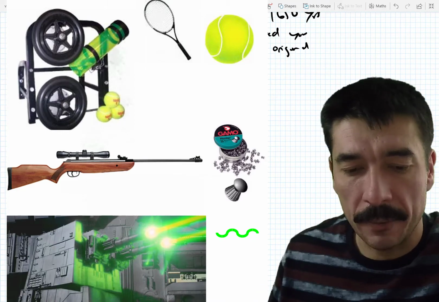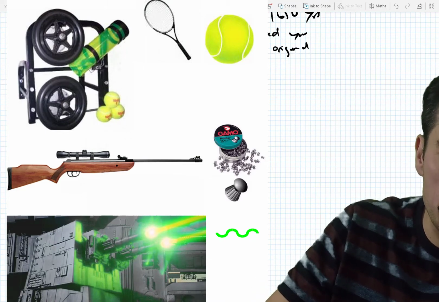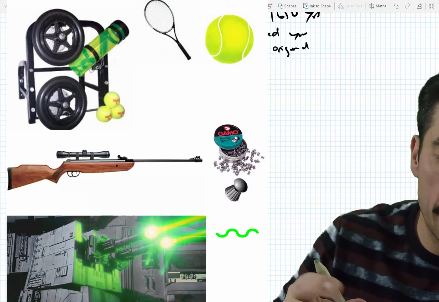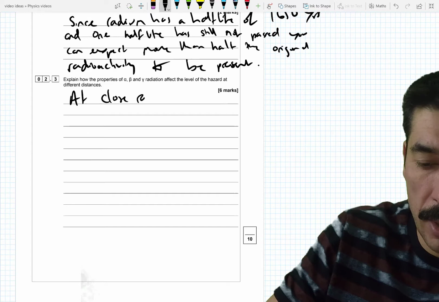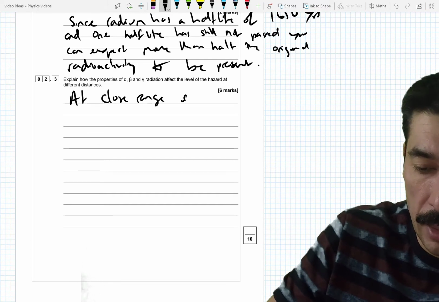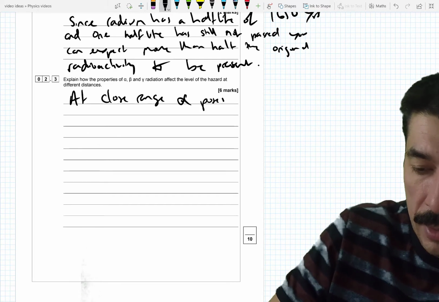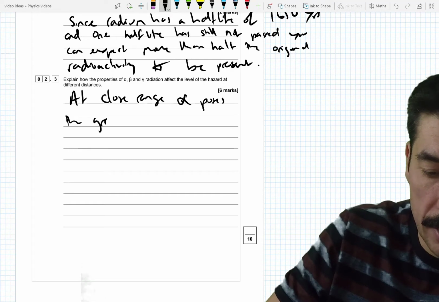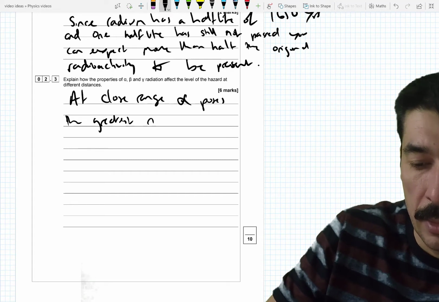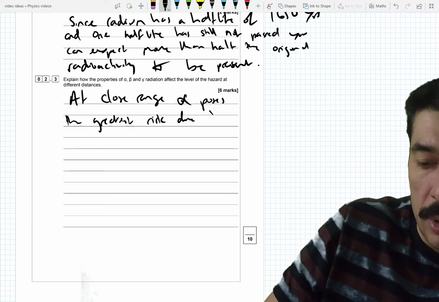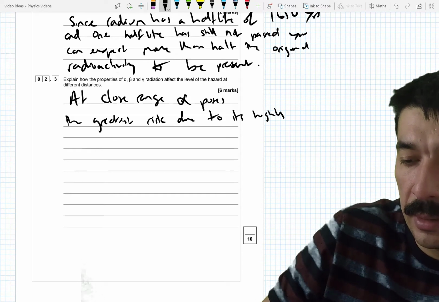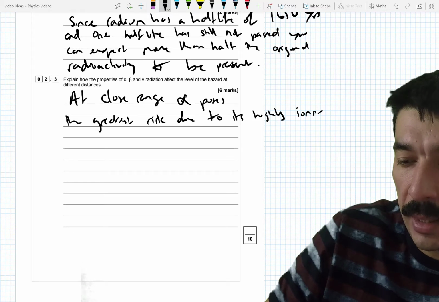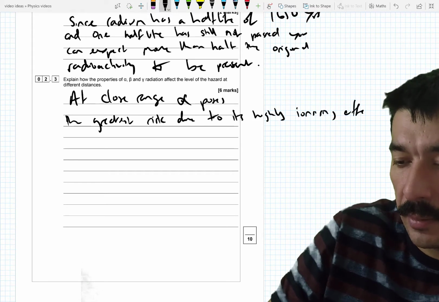So what am I going to say for this? I would say at close range, alpha poses the greatest risk due to its highly ionizing effects.